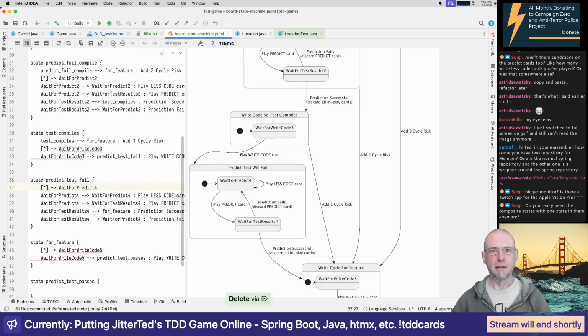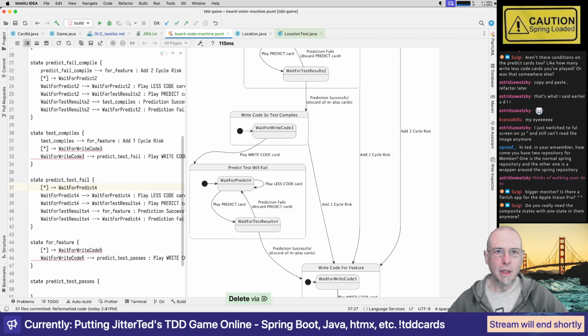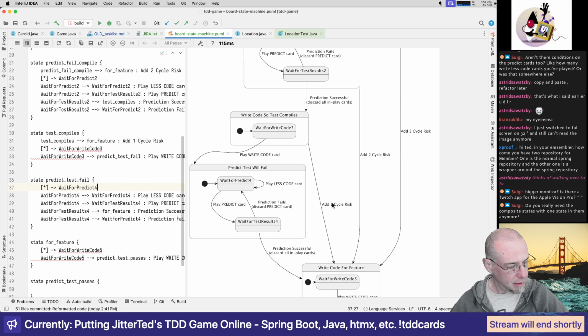That's this. Okay. Do I need the composite states? Probably not, actually. Write code so test compiles. Right, because there is one action that, yeah, I actually don't.